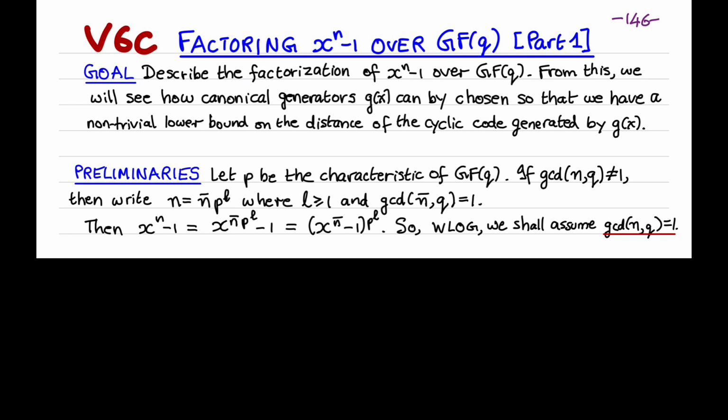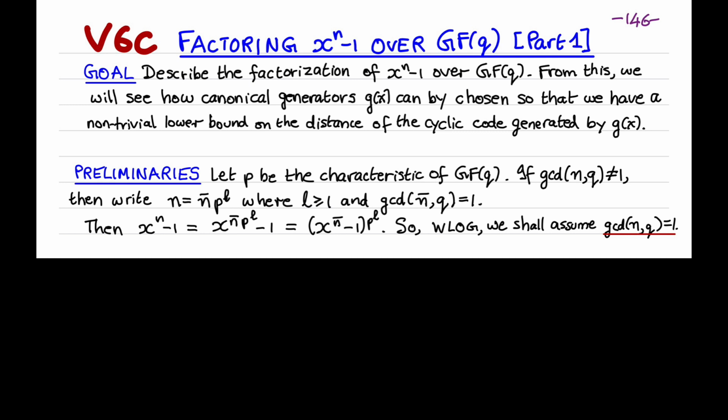And then, by the Freshman's Dream, I can partially factor x^n - 1 as (x^n bar - 1) to the power p^l. I can do this because p^l is a power of the characteristic of the field GF(q).